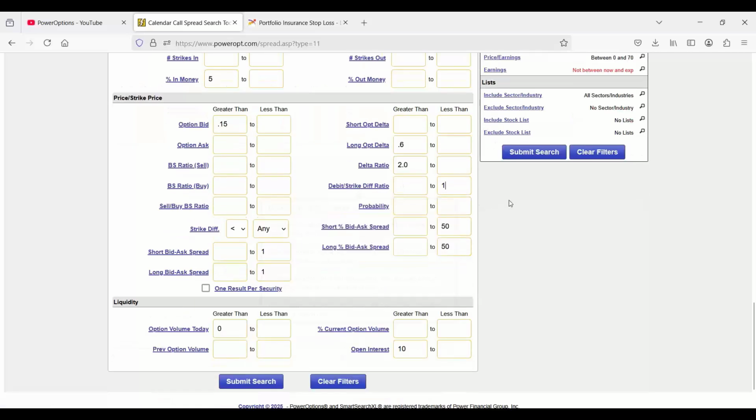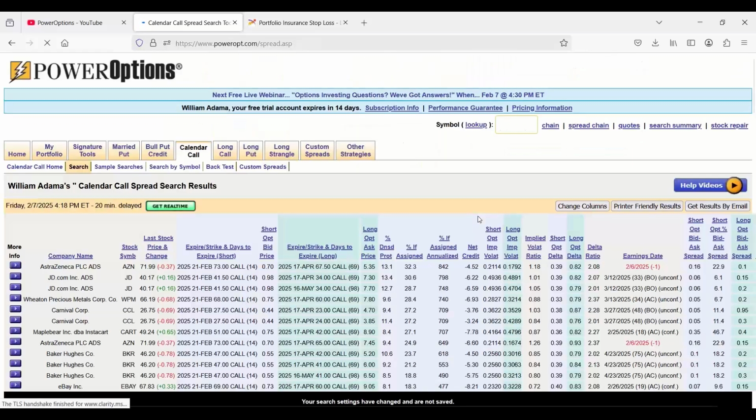You're looking for more of a neutral to try to scrape premium on a regular basis, daily basis. Okay, so if it does spring up suddenly and I get assigned early on a short call, my broker is going to exercise the long call to deliver the short. If the debit's greater than that when they do the automatic assignment, I lose money. All right, so let's go ahead and submit that.